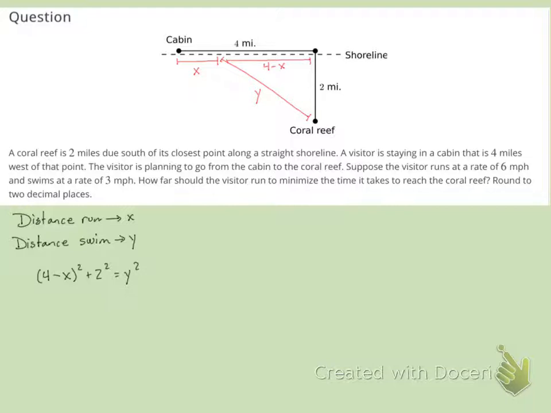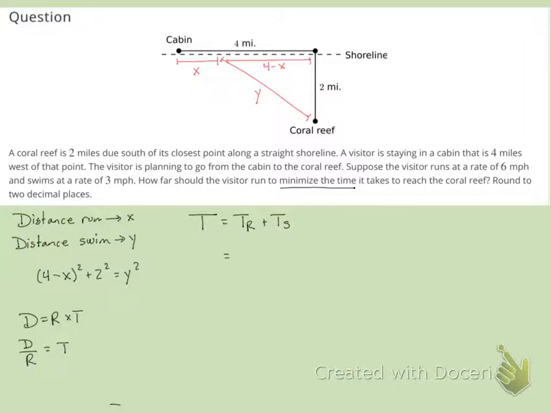So we're trying to minimize the time. So let's talk about how much time it would take for each one. We're going to use that distance equals rate times time, which means that if we divide both sides by r, distance over rate will equal our time. So our total time for this trip is going to be the time it takes to run plus the time it takes to swim.